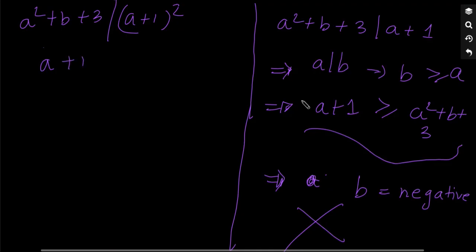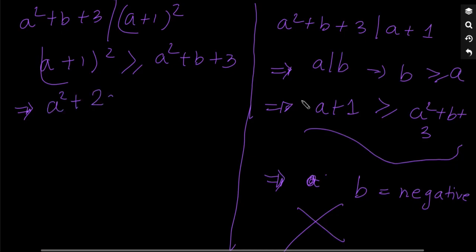The next thing works the same way, where a+1 equals a square plus b plus 3. But just look at it, they have too much similarity, they are kind of near.